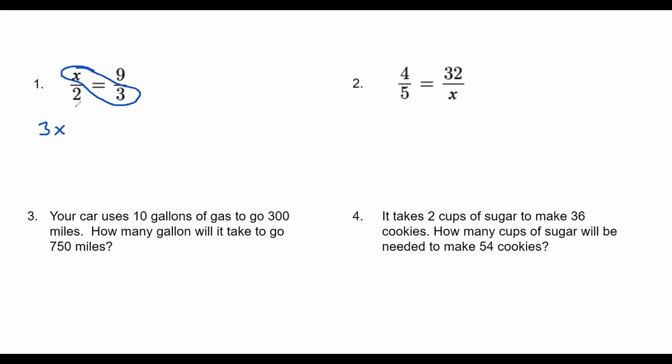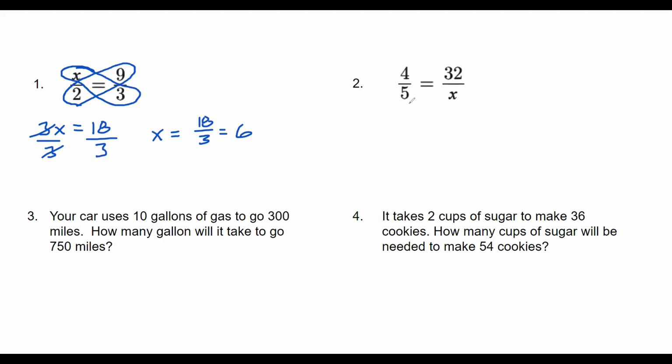I'm going to pick the product that involves the x first, 3x, and then we're going to multiply these two. 2 times 9 is 18. Now we divide both sides by 3, because x is being multiplied by 3, we want to cancel that out. And we get x is equal to 18 divided by 3, which is 6.